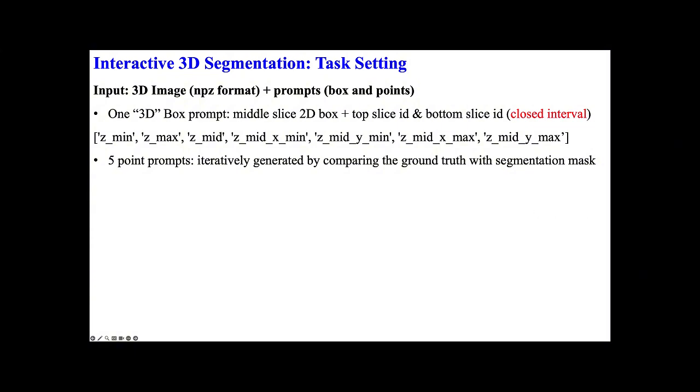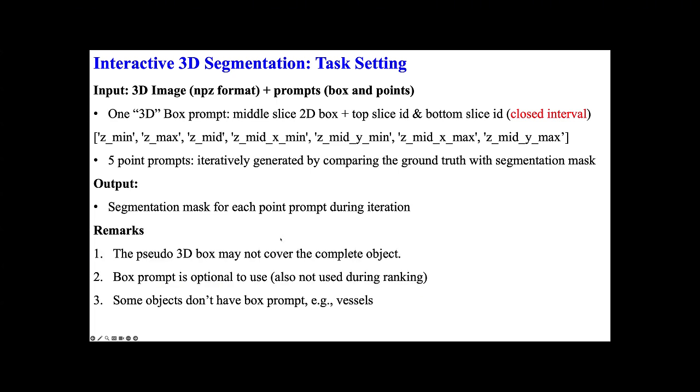For the 5-point prompts, they are iteratively generated by comparing the ground truth with the segmentation mask. The expected output is the segmented mask for each point prompt during iteration. Here we have three important remarks. First, the 3D box may not cover the complete object. This is expected since it was generated by first drawing a 2D box on the middle slice, followed by specifying the top slice and the bottom slice.